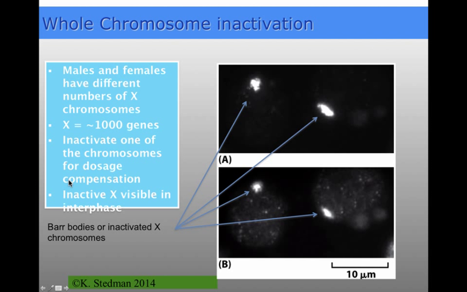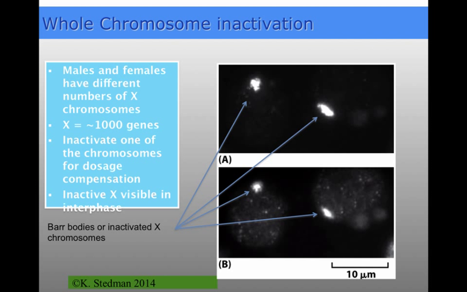So how does this work? Again, already mentioned, males and females have different numbers of chromosomes. There are a lot of genes on the X chromosome. Actually, one of the largest chromosomes in mammals is the X chromosome. So you do have to have a pretty sophisticated mechanism for dealing with, again, case of what's happened in mammals, completely inactivating one of those chromosomes.